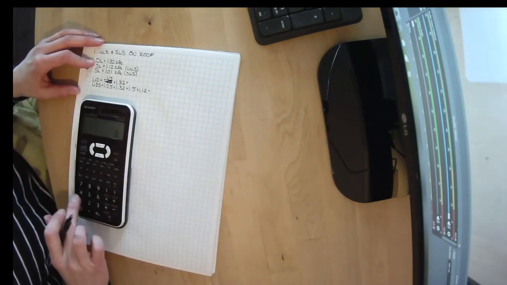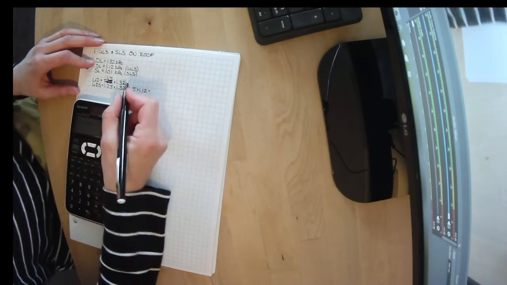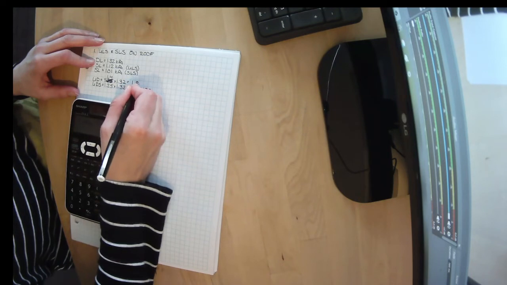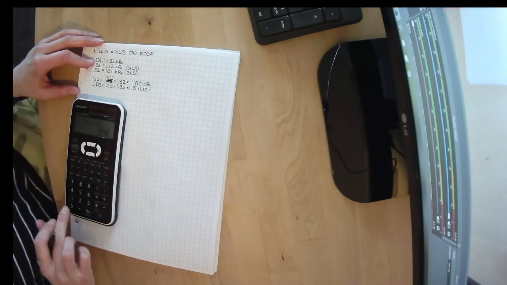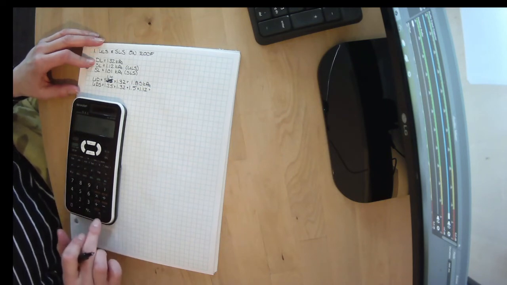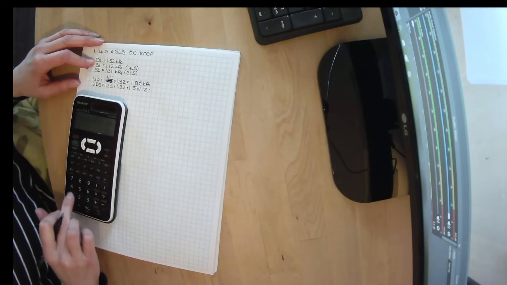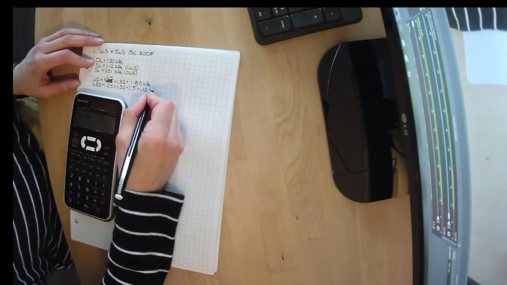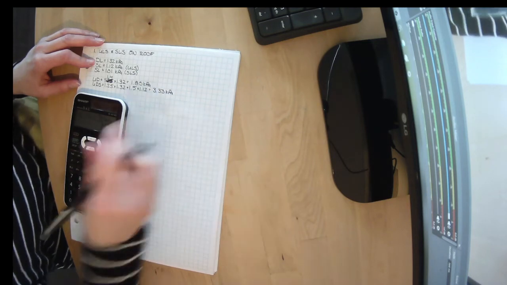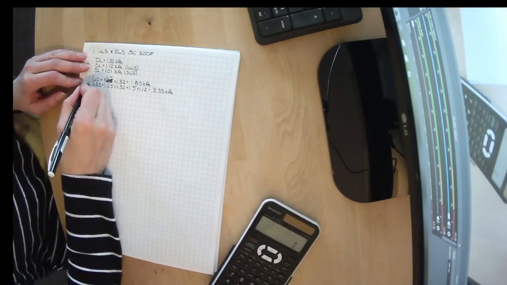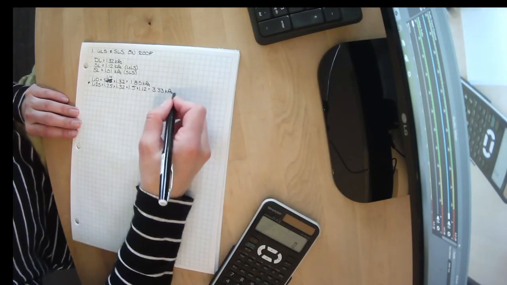So we can calculate 1.4 times 1.32 is 1.85 kPa, and 1.25 times 1.32 plus 1.5 times 1.12, we get 3.33 kPa. The worst case load is our 3.33 kPa.